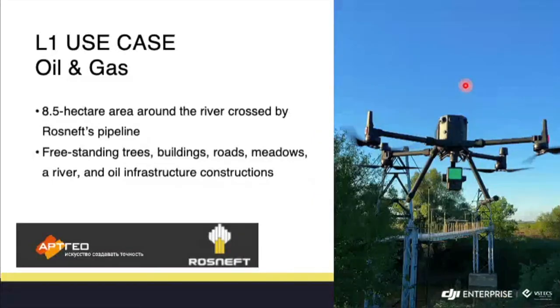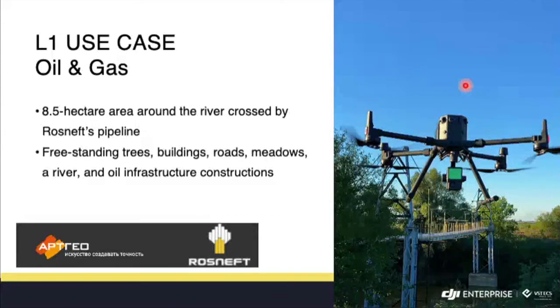Then the Zenmuse L1 is usually used in industries like oil and gas companies. So they can easily determine site problems. For example, an 8.5 hectare area around the river crossed by Rosneft's pipeline.